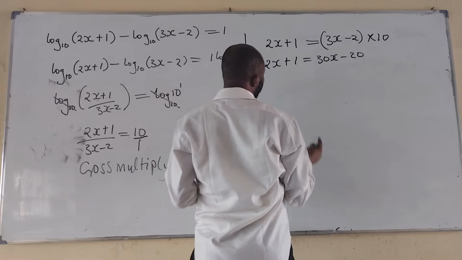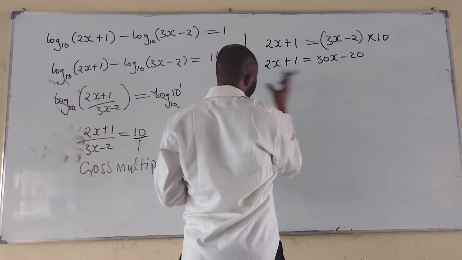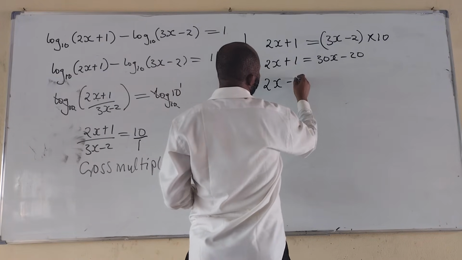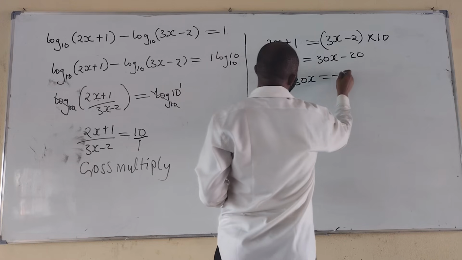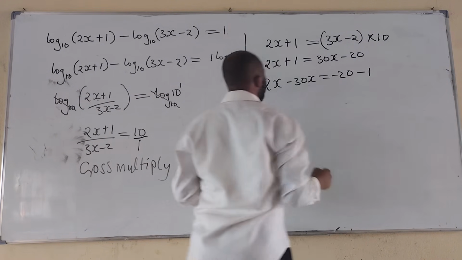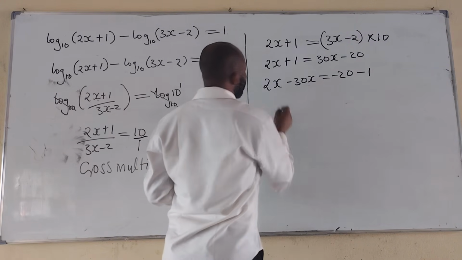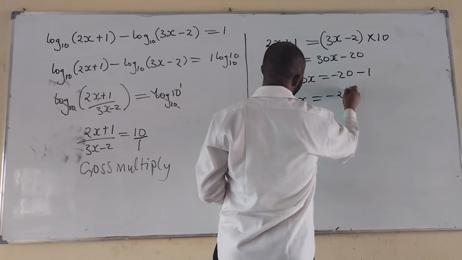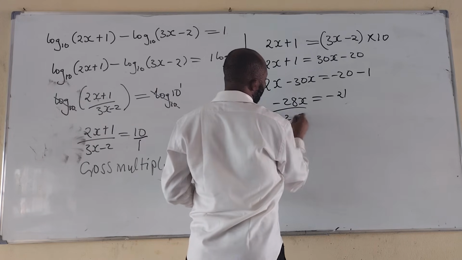Collecting like terms, 2x minus 30x is equal to minus 20 minus 1. So 2x minus 30x is minus 28x is equal to minus 21. Divide both sides by minus 28.